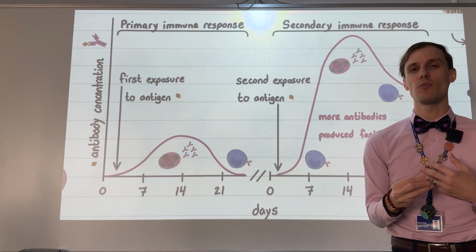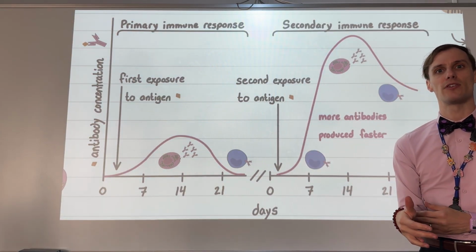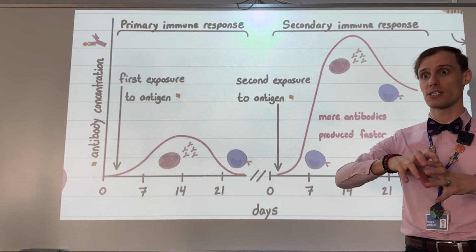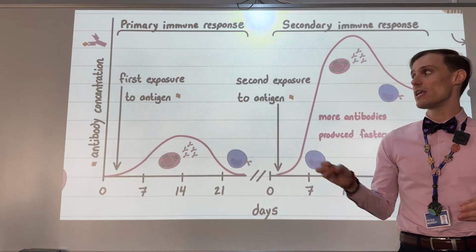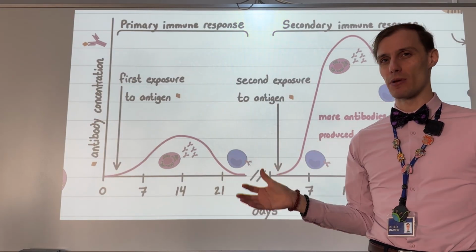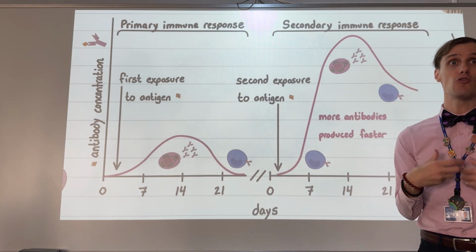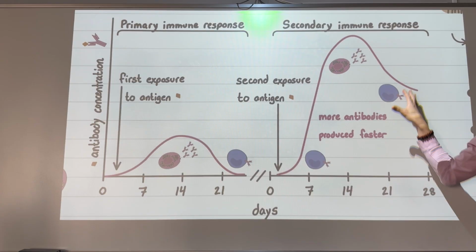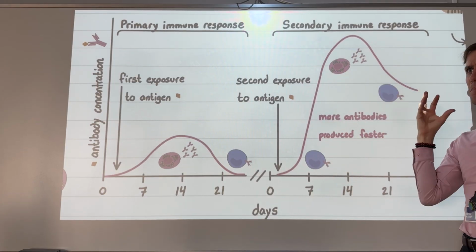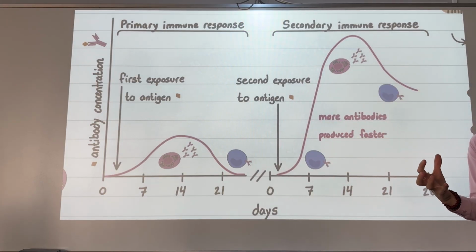So really, when someone is immune to a particular pathogen, it means that their response to that particular antigen is so fast that really no adverse consequences typically occur, so much so that you may not even realize you've been infected by this thing. So this is really the power and the amazingness of the adaptive immune response.